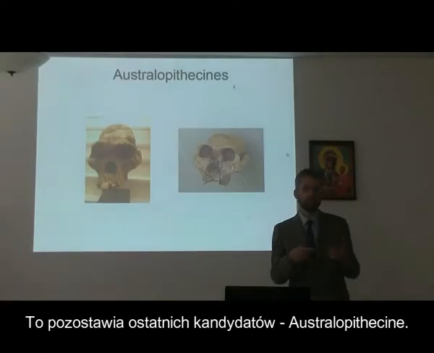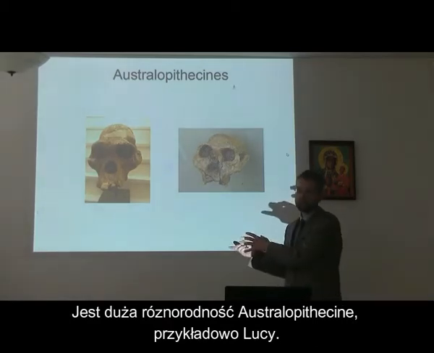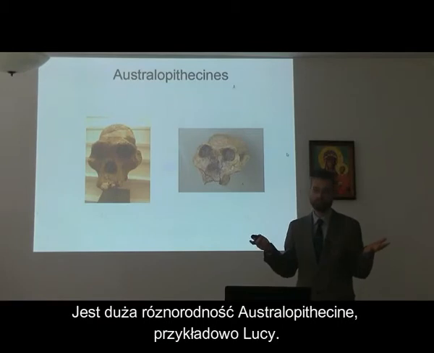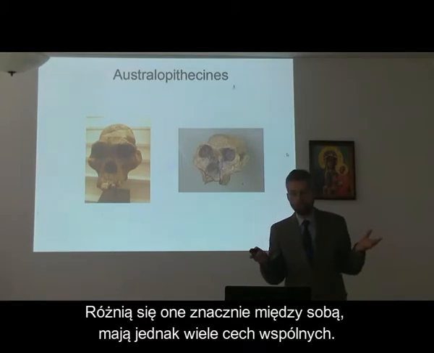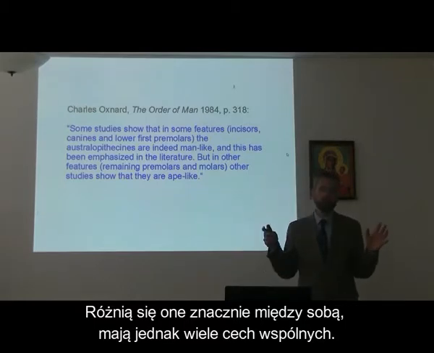This leaves us with the last candidates, Australopithecines. And there is a broad variety of Australopithecines. You have heard about Lucy, for example. And they are all very different among each other, but they have many characteristics in common.